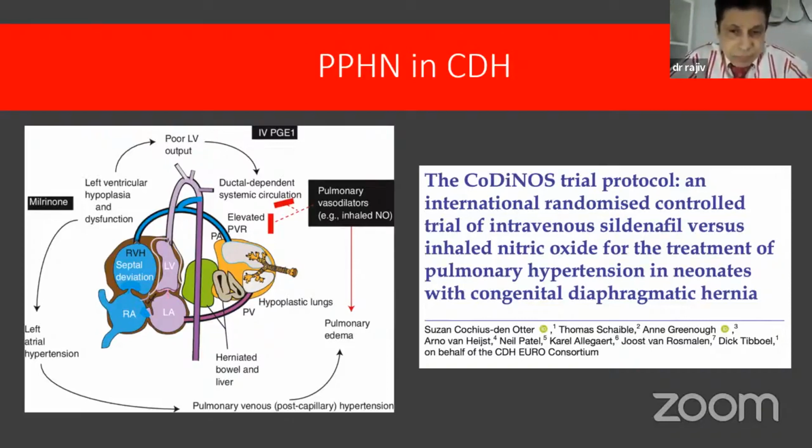That window period should be used to operate, because after that it gets difficult. Whatever chance you're given for that diaphragmatic hernia, there may be some residual lung function to open up. That is lost if you keep on with your vasodilator and nitric and do not take a call. That makes the difference. But I strongly suggest, if you're doing CDH, survival improves tremendously if you operate in the NICU.